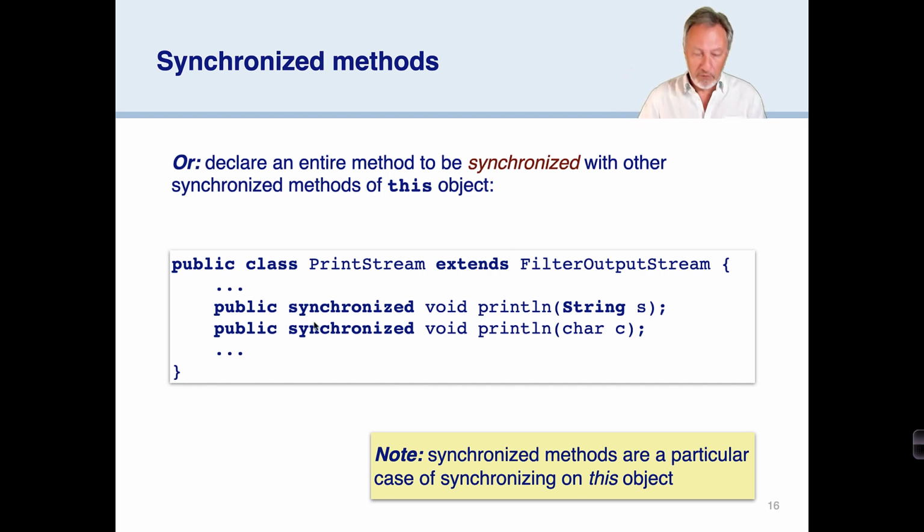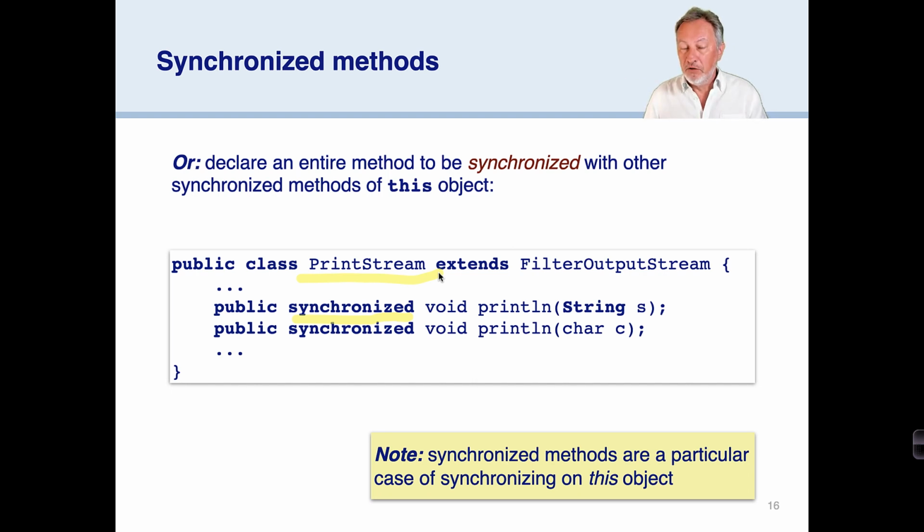But as a more high-level concept, you can simply say, I have a method, for example the method println, and it's synchronized. That means any client coming in and trying to execute the println method will be blocked as long as there's some other thread which is already executing the println method for the same instance, for the same object.